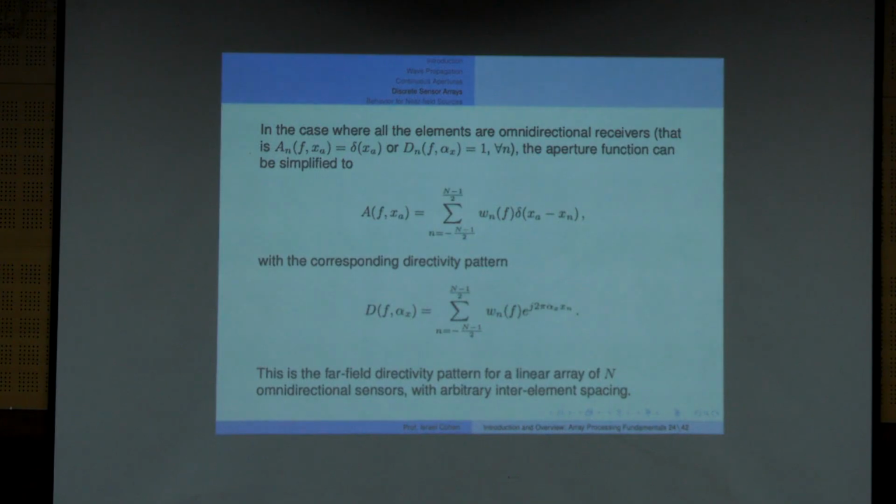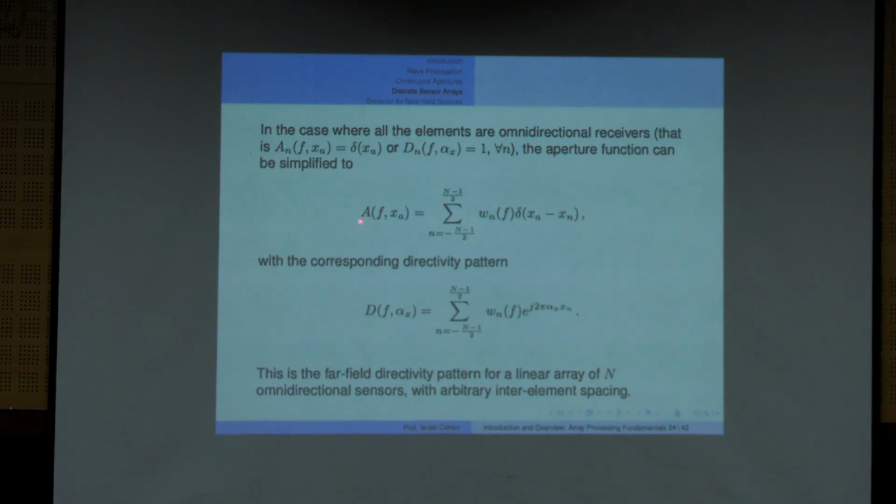So if I tell you that it is a delta function, it means that it doesn't depend on the frequency, you see? And also, it doesn't depend on the direction where the propagating wave comes from. So it's just a delta function. This we call omnidirectional sensors. This is like ideal omnidirectional sensors because the response doesn't depend on the direction, and it's also ideal, it doesn't depend on the frequency.